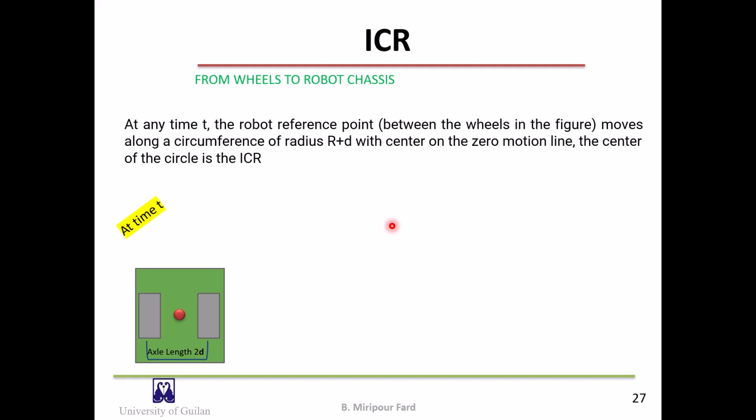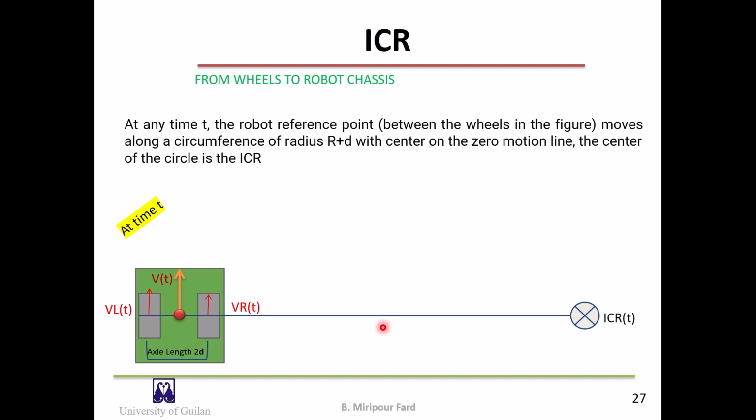In the diff drive robot, VR and VL represent the velocity of the center of the right and left wheels respectively. V represents the velocity of the reference point, which is on the chassis, and here it is placed on the center of the two wheel axle. In this case, the lines of zero side motion coincide, and therefore the ICR can be located at any point on the line of zero motion.